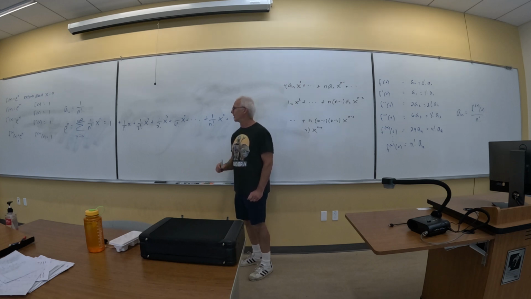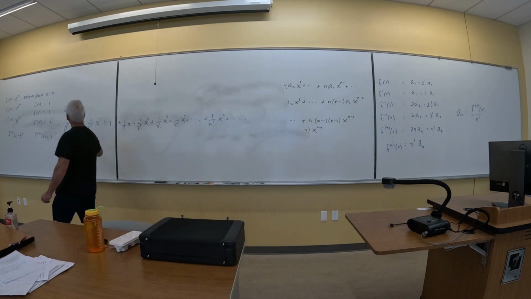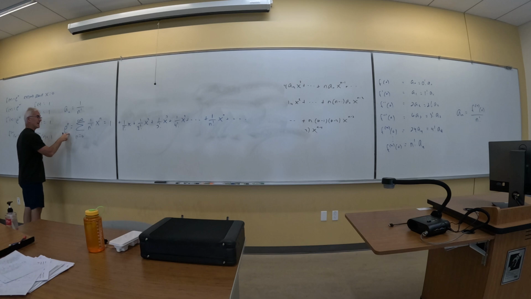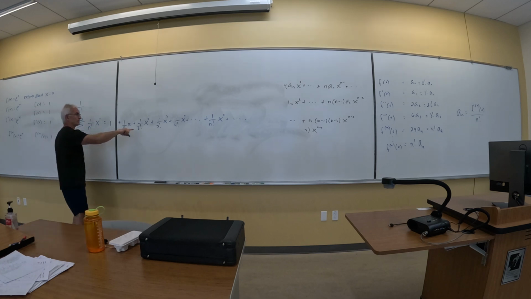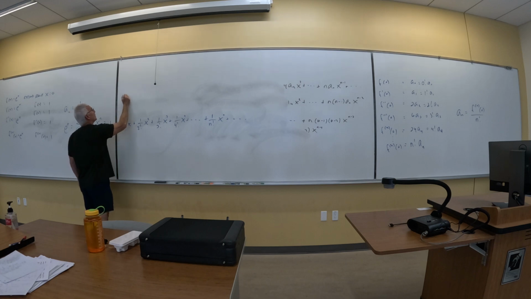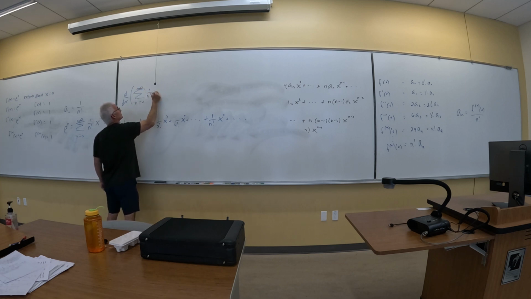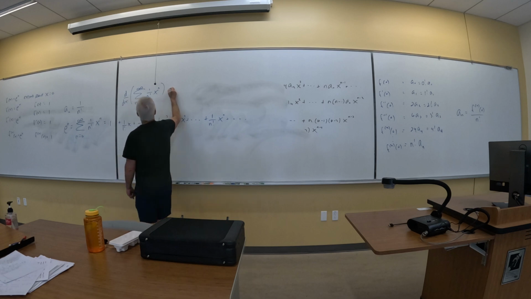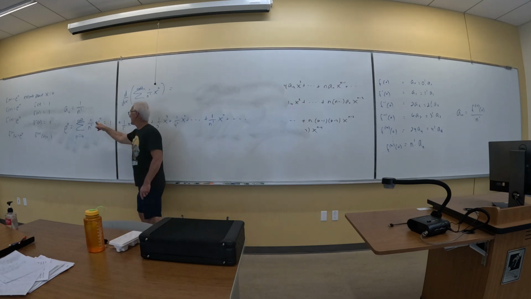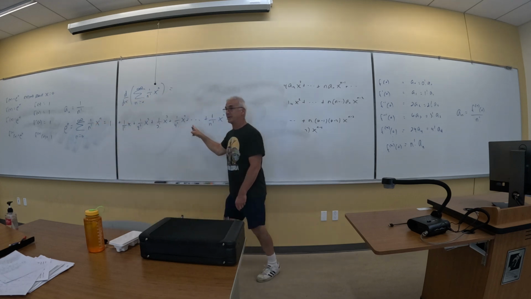Well, just to be sure, let's take the derivative of this, okay? So if I take the derivative of this, I want you to differentiate the power series. But I don't want you to differentiate it here. I want you to differentiate it right here.